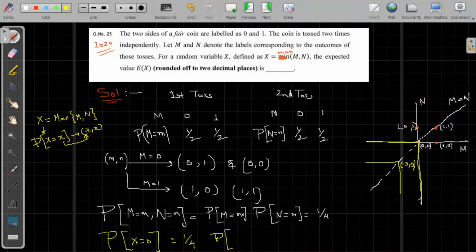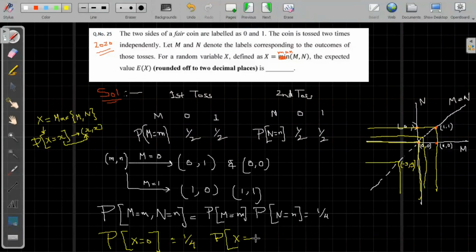Similarly, if you draw any such boundary with corner on this axis, we can see that until the corner will be 1 1, there can never be overlapping between the boundary and the points.